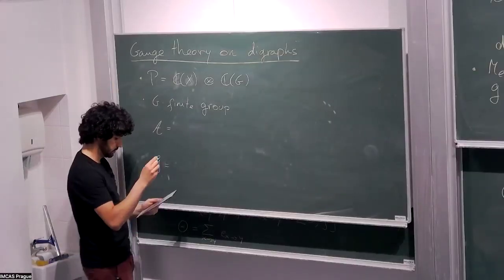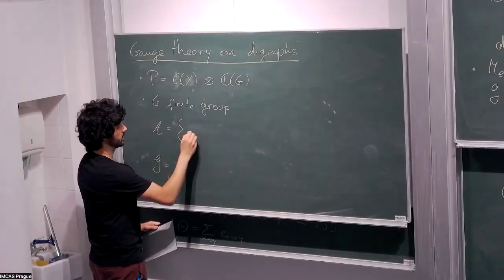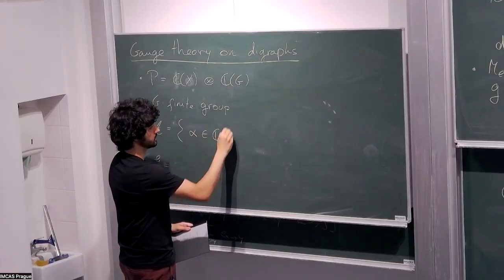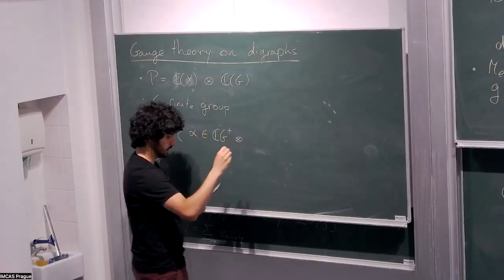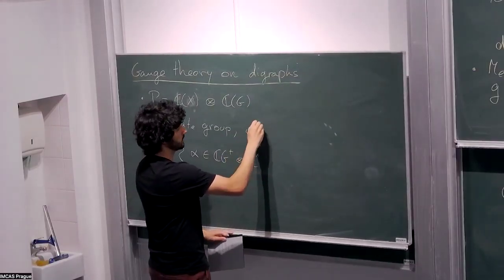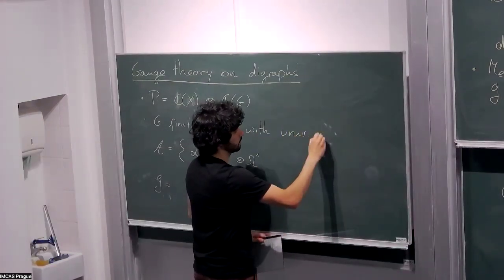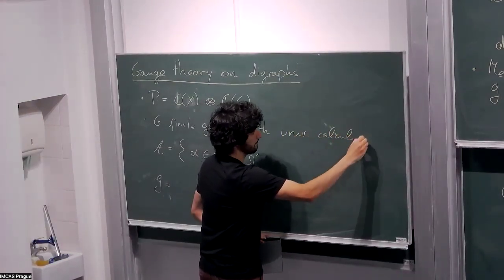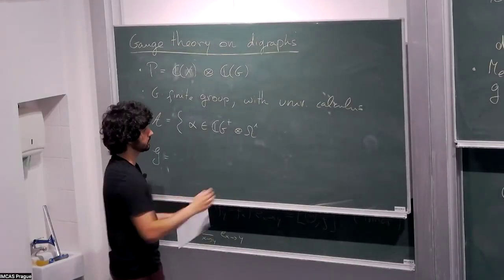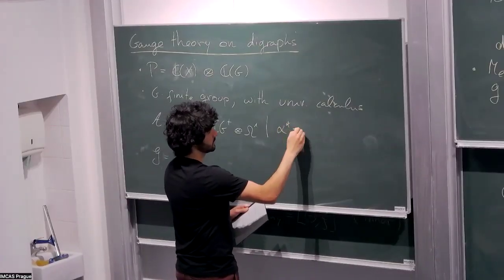And you get this out, which is, so here we have that connections are just valued in CG plus tensor omega 1, because here we're taking the universal calculus on G. Right, and we are imposing a reality condition, which in our case will be that this is anti-Hermitian.